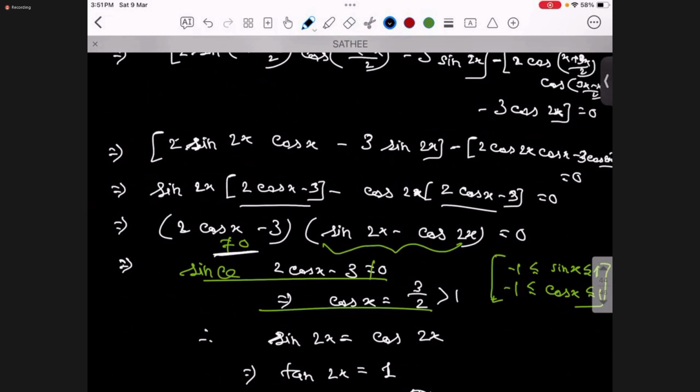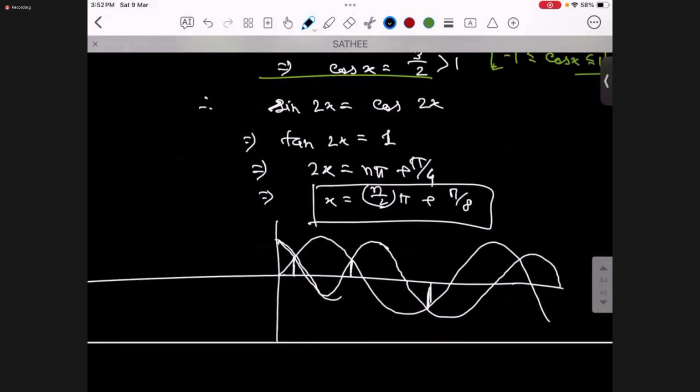Because if this is 0, then cos x becomes 3 by 2, which is not a possible case. So the other term will obviously be 0. From there, we found the values of x for which this equality holds, and we can find all possible x's.